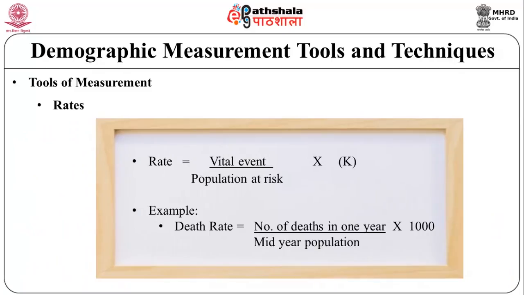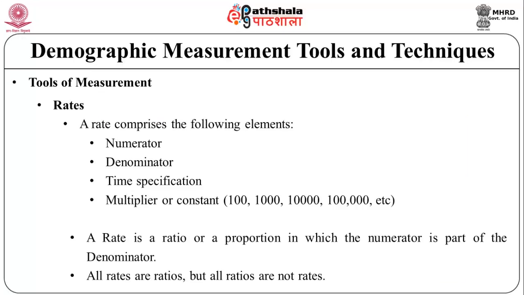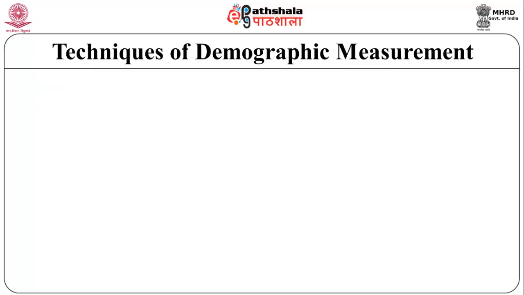You can see how we calculate the rate. We need vital events and population at risk, and we have given some good examples for you to understand and practice. A rate is a ratio or a proportion in which the numerator is a part of the denominator. All rates are ratios, but all ratios are not rates.